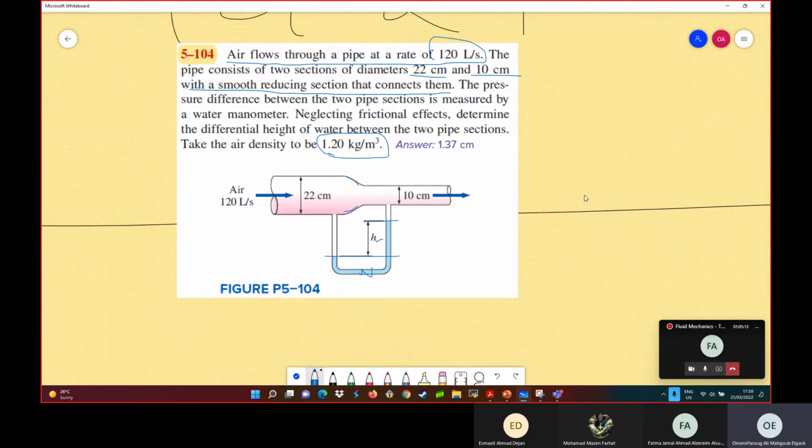So here, again, we have air, right? Before we apply the Bernoulli equation, we need to make sure that the flow is incompressible. But as you can see here, when he gave you one value of the density, then most probably he is saying for you it's incompressible flow.